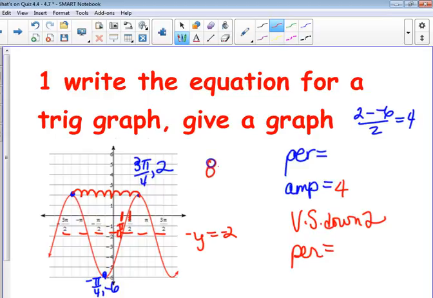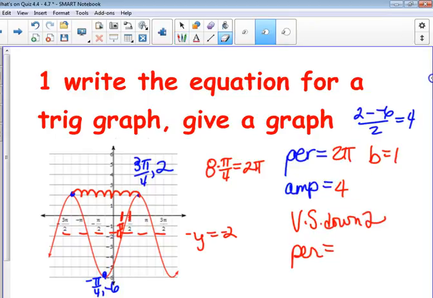So there were 8 pi over 4s in between this point and this point, max to max. So what is 8 pi over 4s? 2 pi, which makes the b value just 1, right? We don't have a period change. It's just 2 pi.